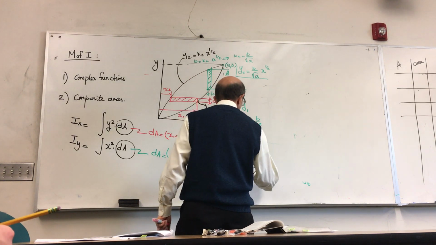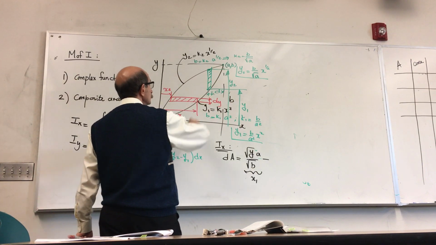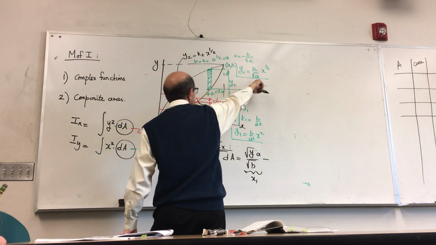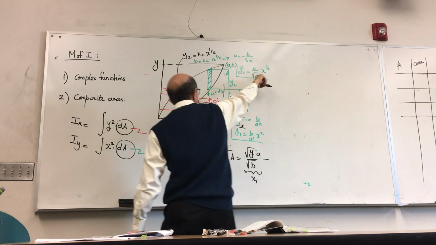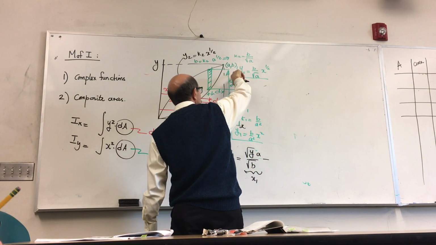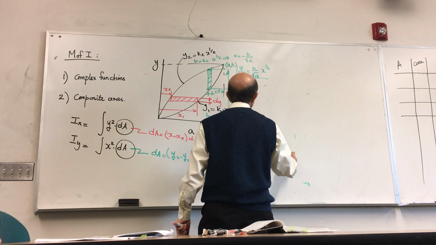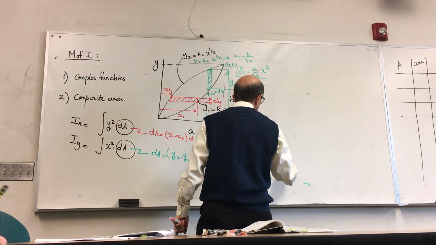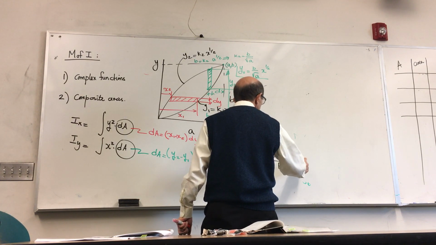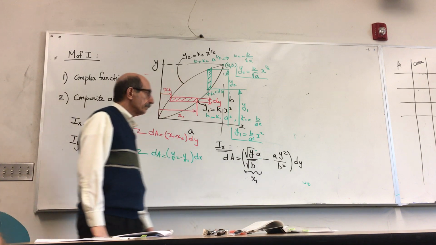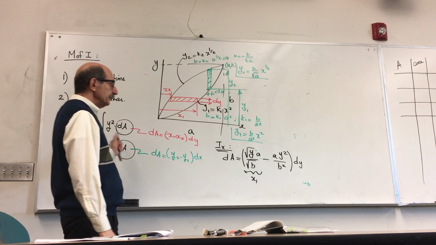That's x1. x2 is from this function. So you need to square the two sides in order to find x in terms of y. So you'll have a y squared divided by b squared. So that would be the a.